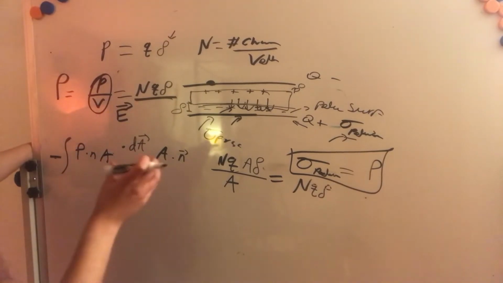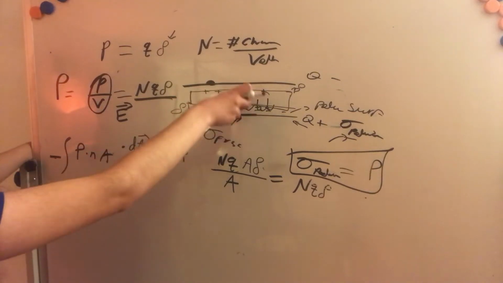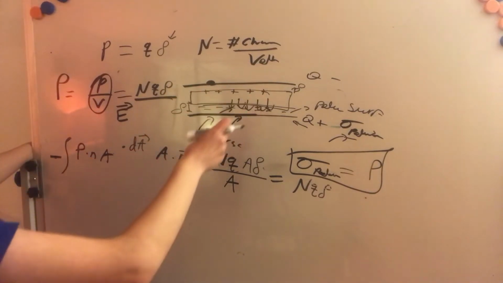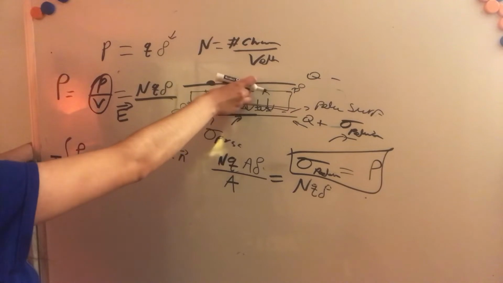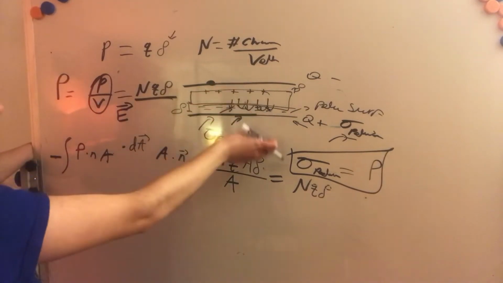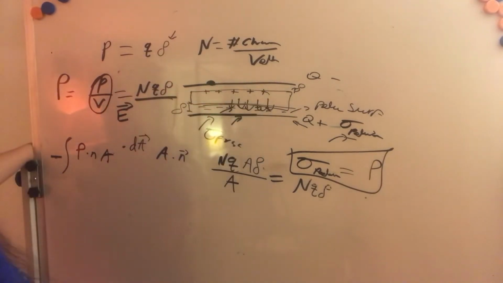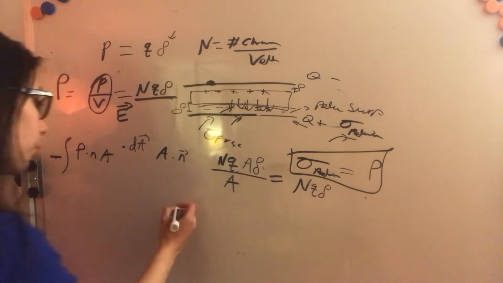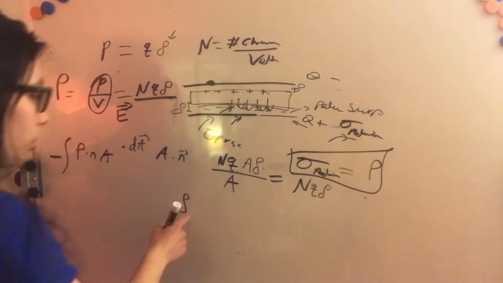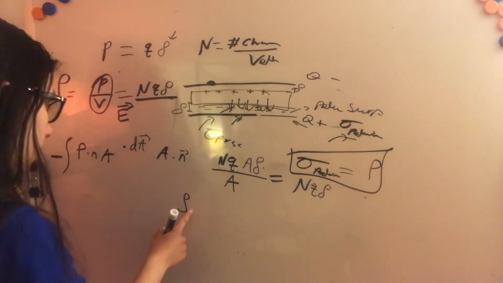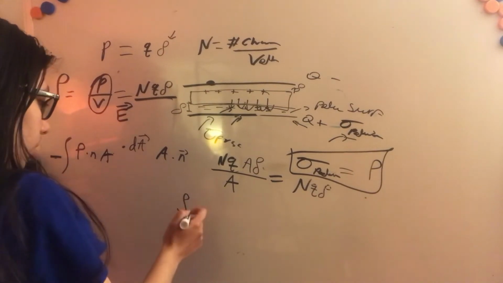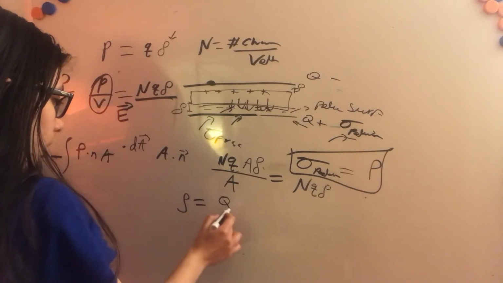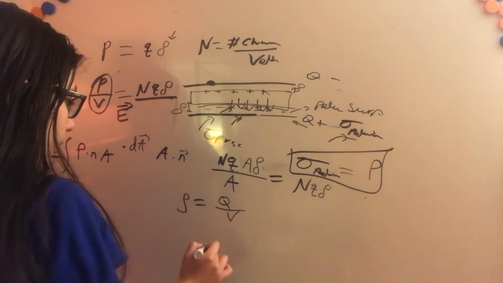And you can think of these charges flowing through here as if it were a volume of charges moving, or that these charges are moving due to a volume. So we have here a volume of charges. We have the rho, that is the volume charge density. This volume charge density would be the charges per volume.